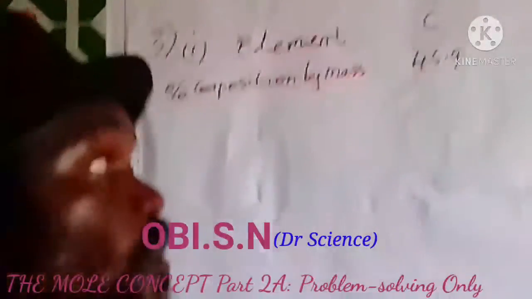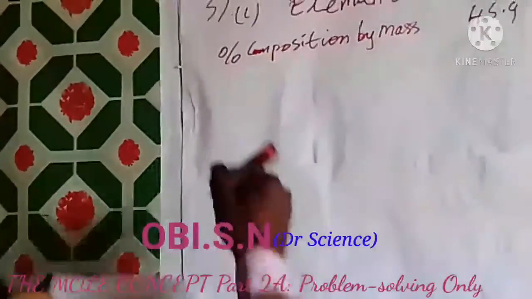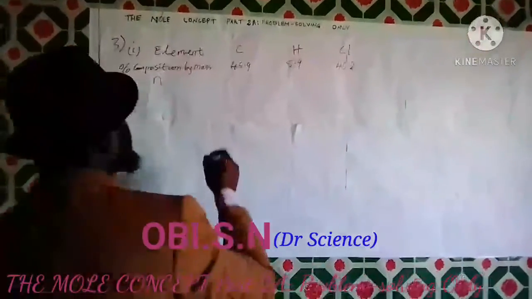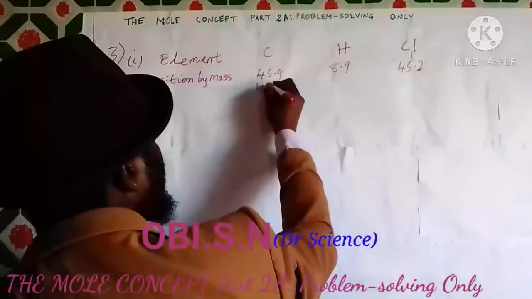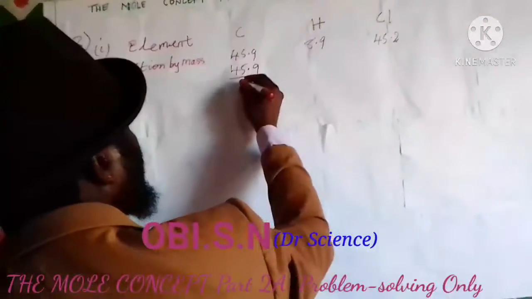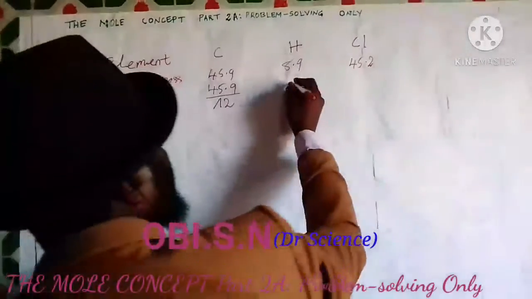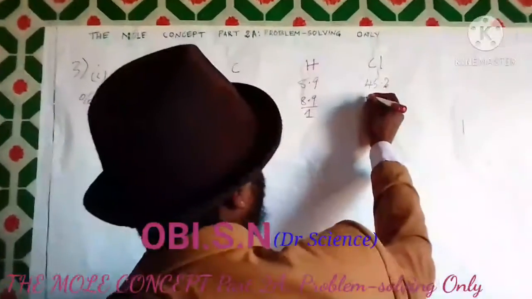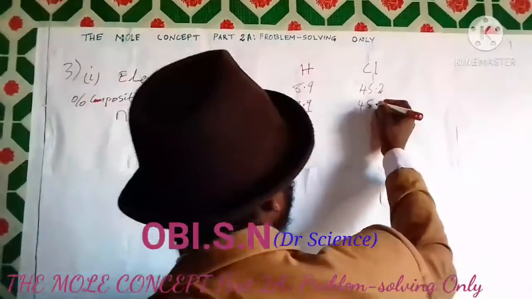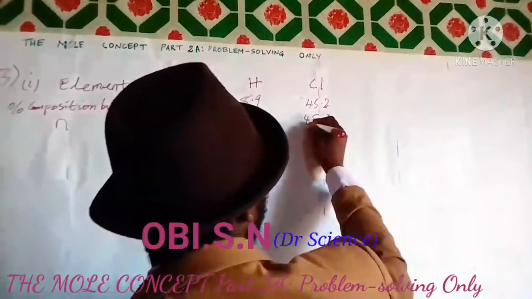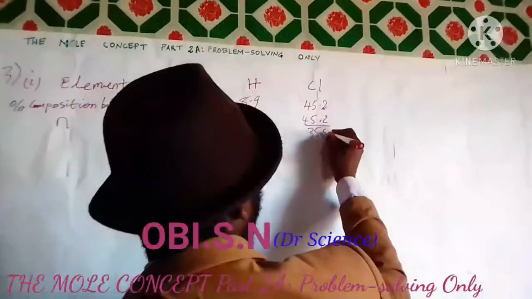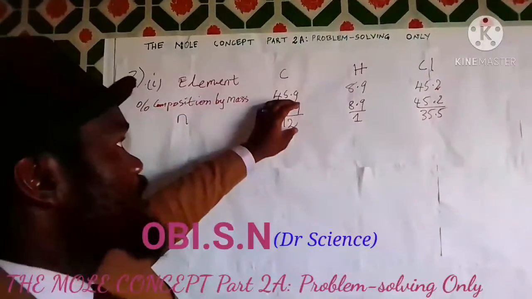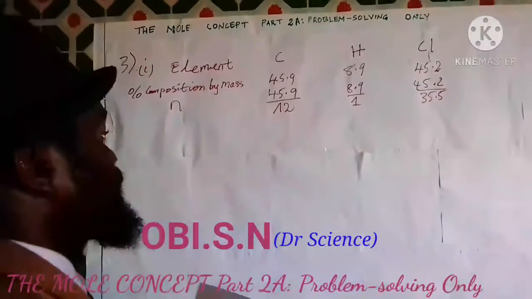Next, we calculate the number of moles of each element. So, use your calculator to solve for the mole of each element.